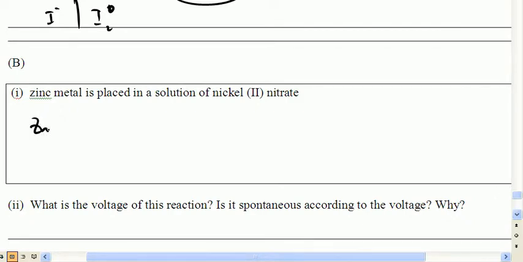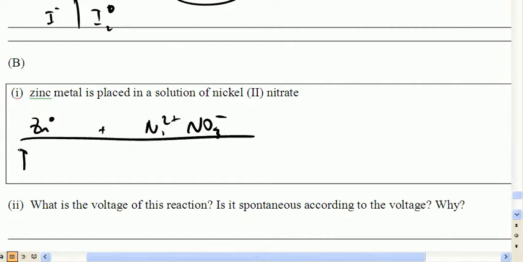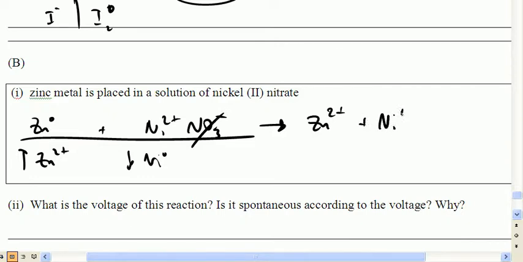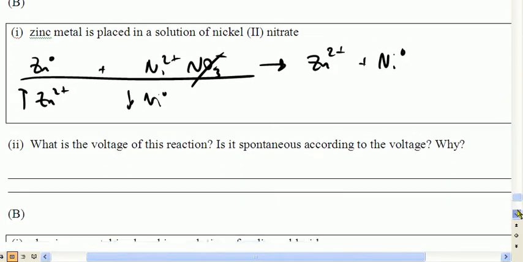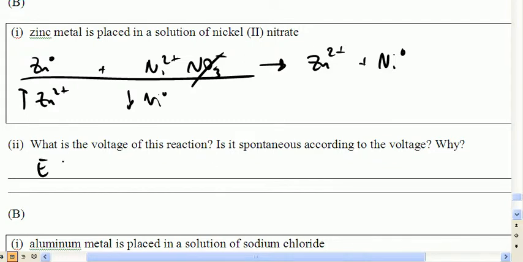Zinc is placed in a solution of nickel nitrate. Nitrate's very soluble. Okay, zinc is going to go up to Zn2 plus, Ni is going to go down to 0. Nitrates are going to cancel. You're going to end up with Zn2 plus plus Ni 0. What is the voltage?